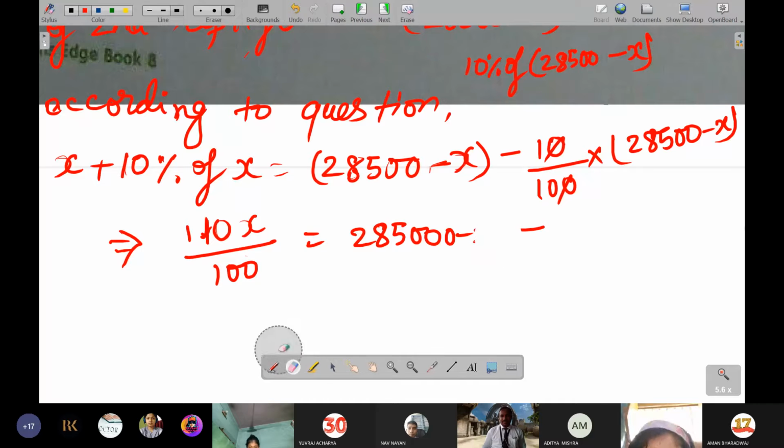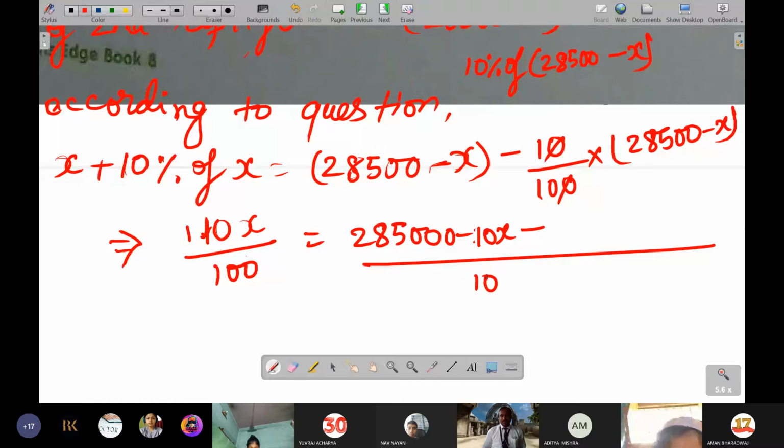When you will take LCM, at last below there will be coming 10. Getting me?